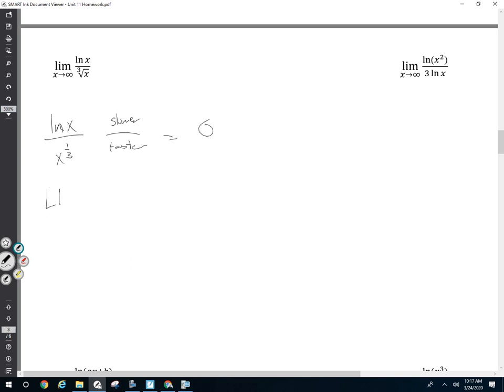You would use L'Hopital's rule because this would be infinity over infinity. And you'd say, okay, 1 over x, the derivative of x to 1/3 is 1/3 x to the negative 2/3. Limit as x approaches infinity. Okay, well, this is going to be 1 over infinity. That's going to be approaching 0. This will be approaching 0.